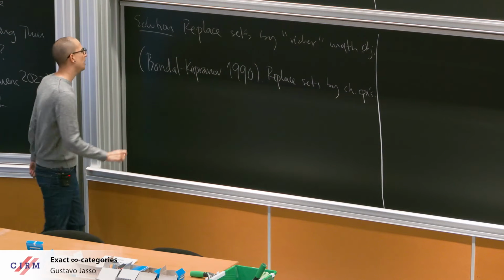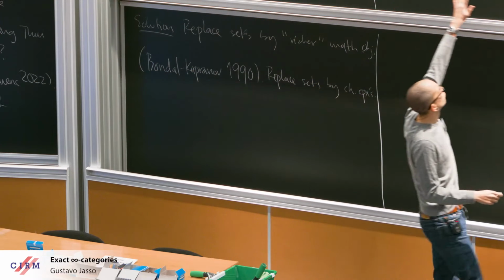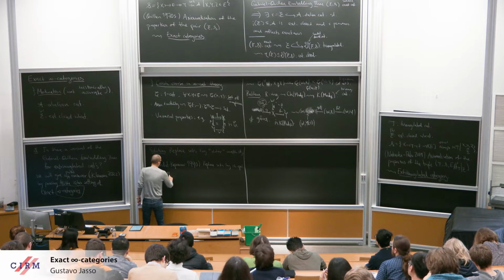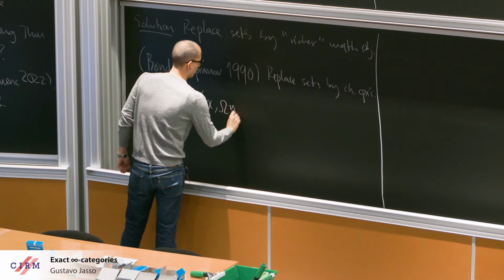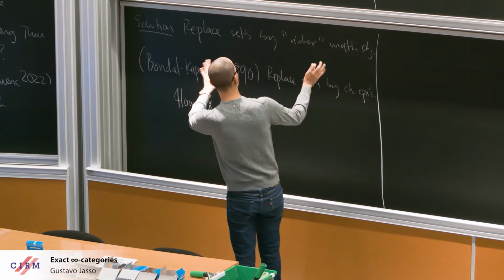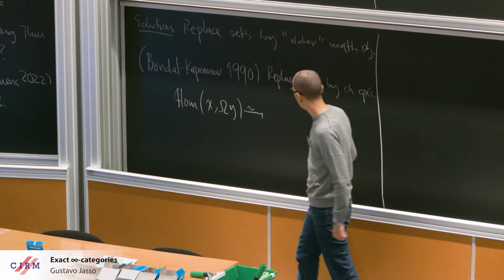So here the idea is that instead of asking for bijections between certain sets, you can formulate statements like the following. You have some objects in some abstract category where the maps form chain complexes, or some DG category in formal terms.